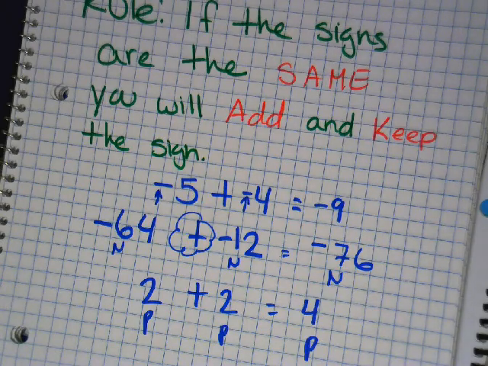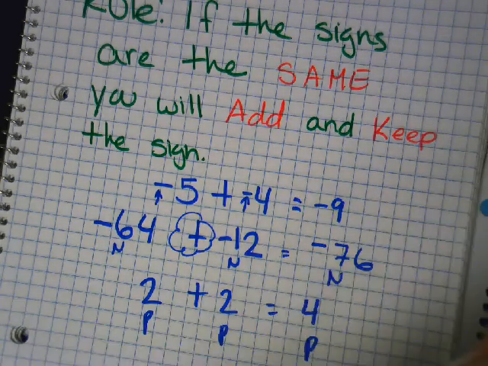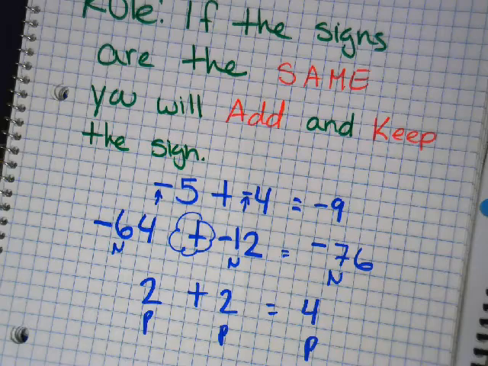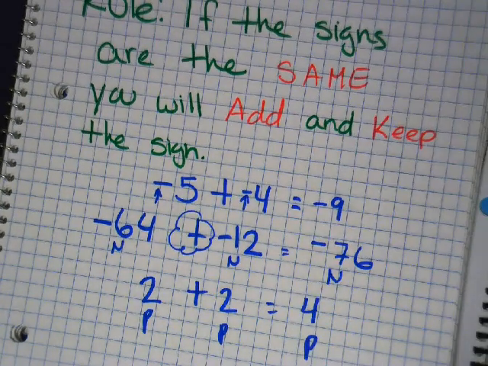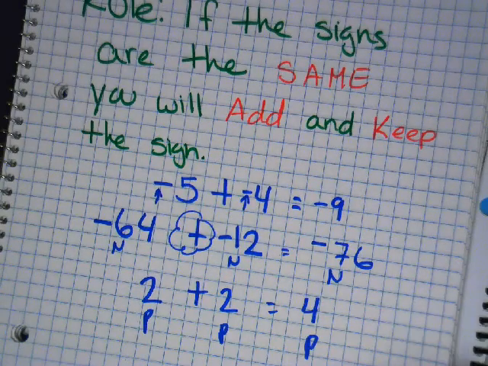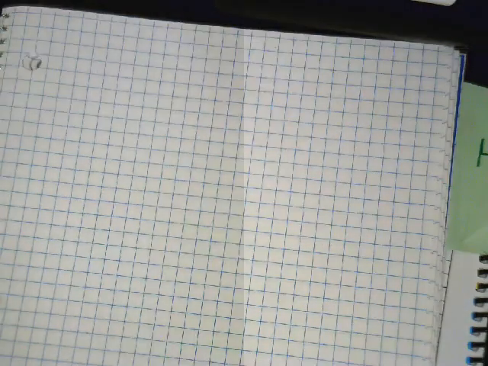With positive numbers, do we put a little positive sign on there? Nope, it's invisible. It's not there, but it's there. It's always there. All right, now what's the second part of the rule? So this is the first part. If they're the same, add and keep. What's rule number 2?